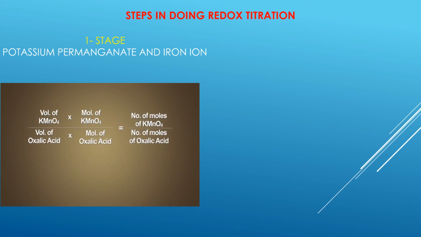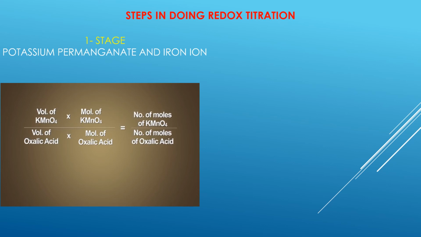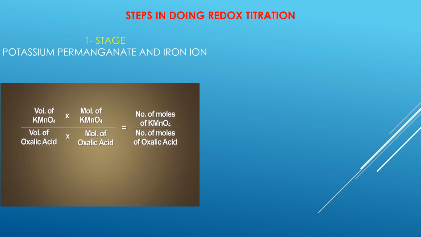According to the molarity equation, volume of potassium permanganate into molarity of potassium permanganate divided by volume of oxalic acid into molarity of oxalic acid is equal to number of moles of potassium permanganate divided by number of moles of oxalic acid.